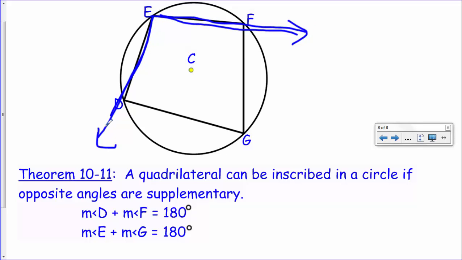That way you're able to see clearly where the angle is. So here's the angle. Now I can also clearly see where the intercepted arc is. So its intercepted arc would be, looks like a major arc, so we'd list it with three letters, arc DGF, for example. You can do that with any of the inscribed angles inside of the circle.